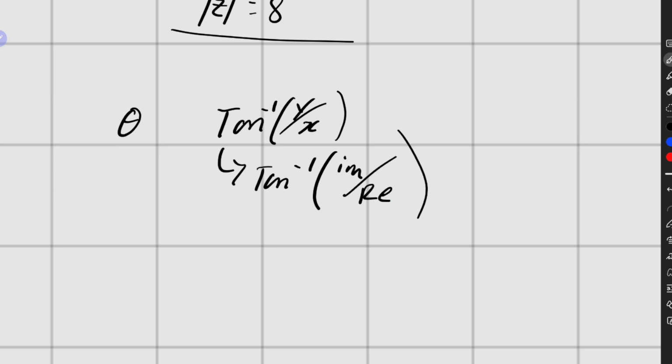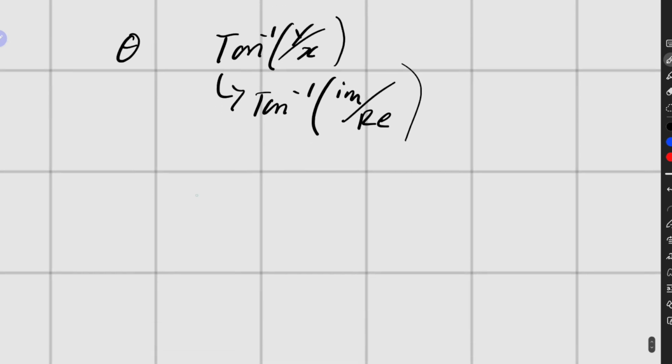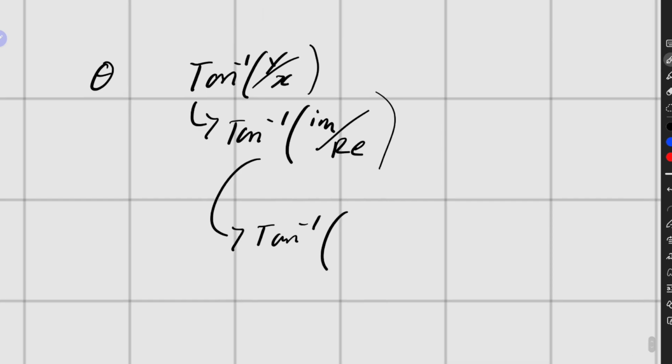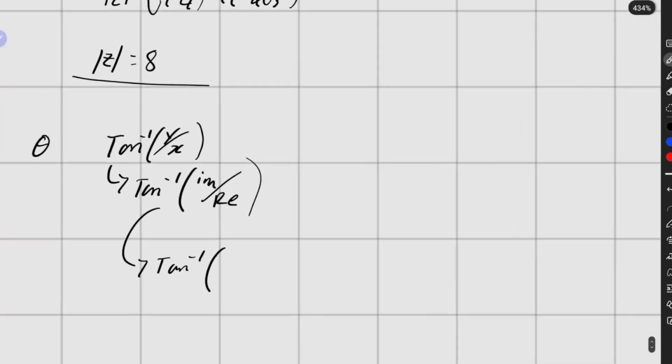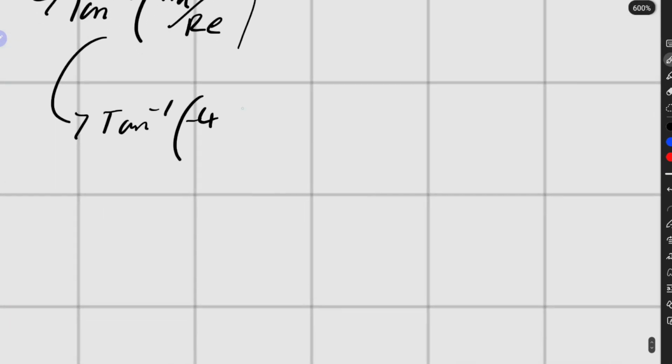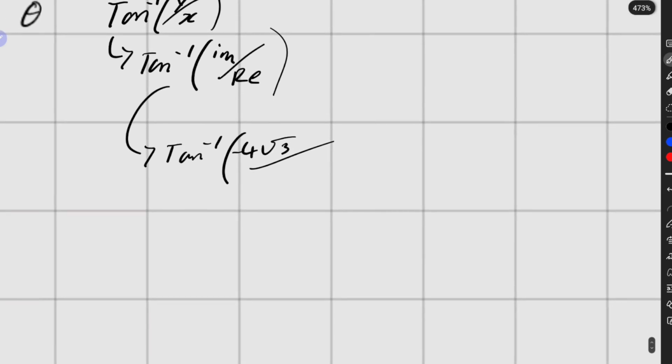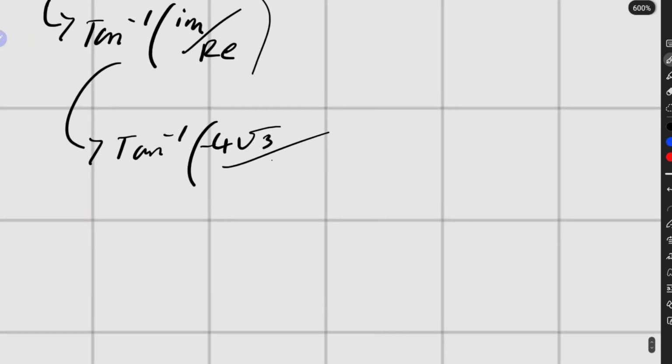That's how you find your angle theta. So that's going to equal arctan of your imaginary part, minus 4 root 3, over your real part, which is just 4.